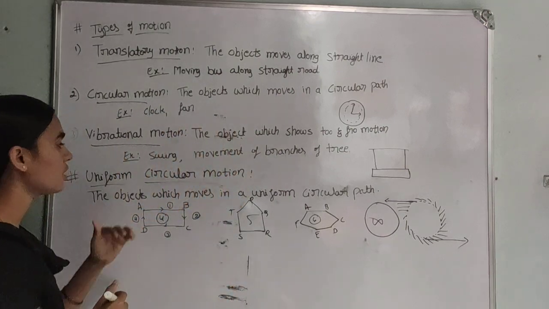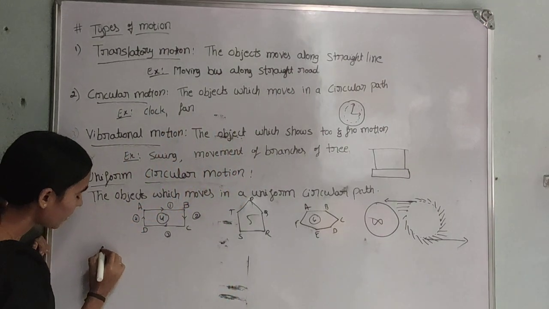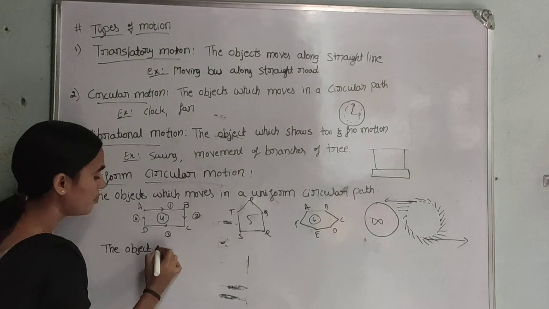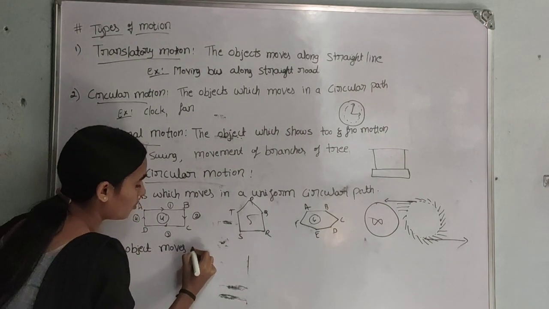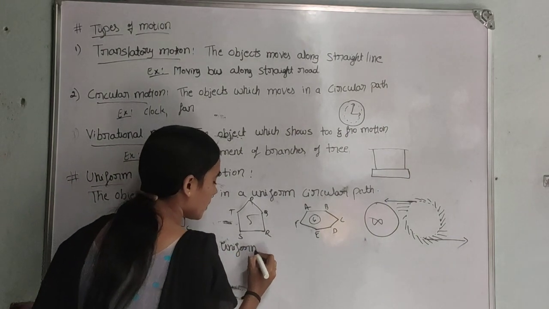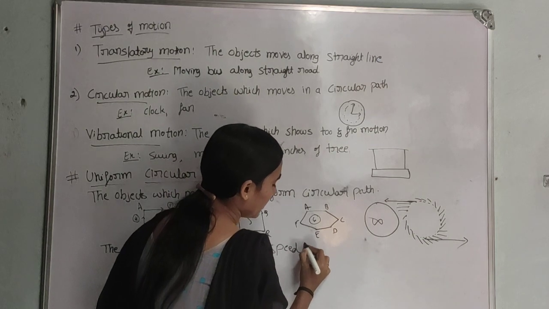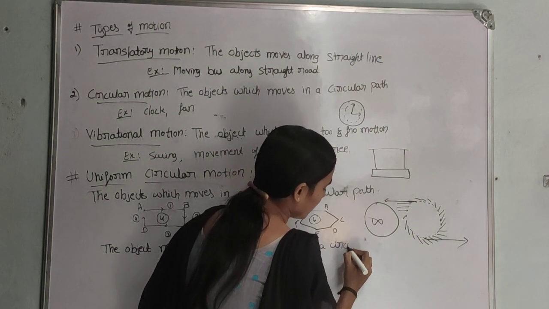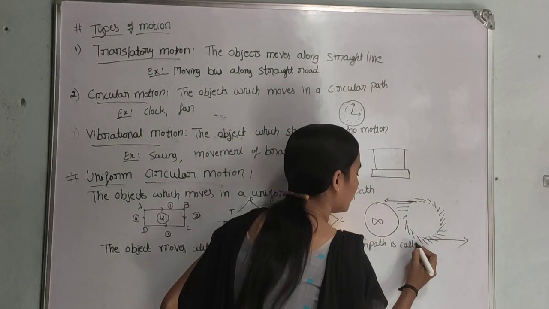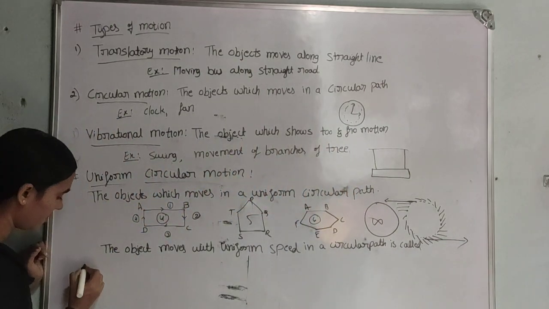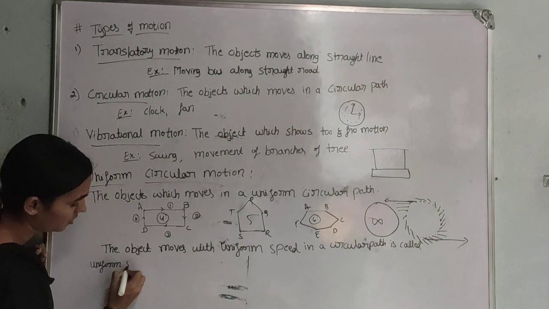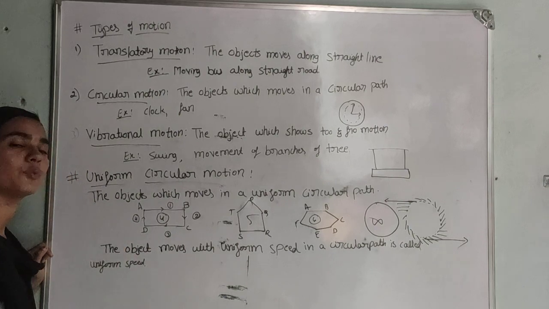So then, uniform circular motion or speed. When an object moves with uniform speed in a circular path, it is called uniform circular motion.